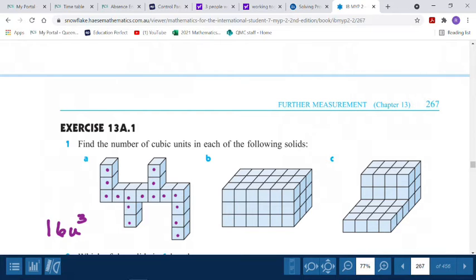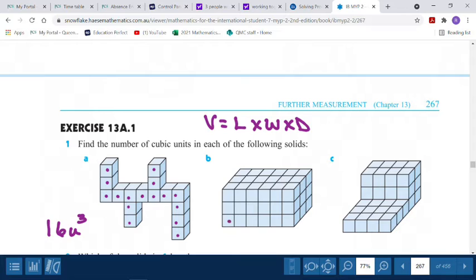Right? Now this one is not 1 unit deep, it's 3 units deep. So instead of counting, I can simply use a bit of a formula. And remember, the formula for volume of a rectangular solid like this is going to be length times width times depth.